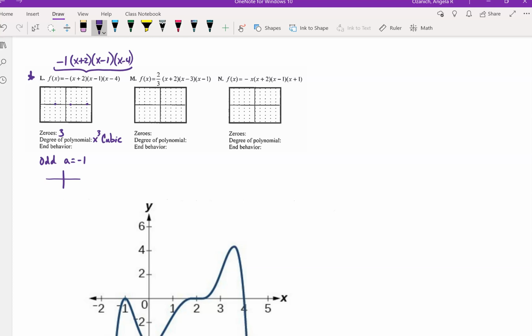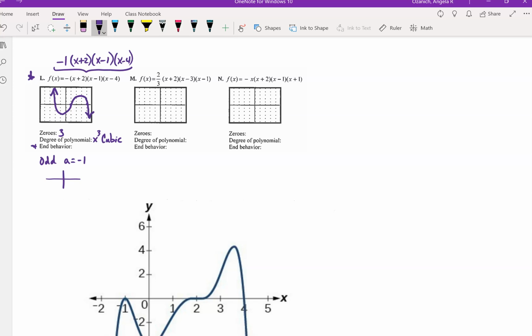So it's going to go passing through here, and then passing through my 4. That looks better. So the end behavior, you would say, right, as x goes to infinity, y goes to -infinity. As x goes to -infinity, y goes to infinity. And so you could write that information about your end behavior based on what we just saw.